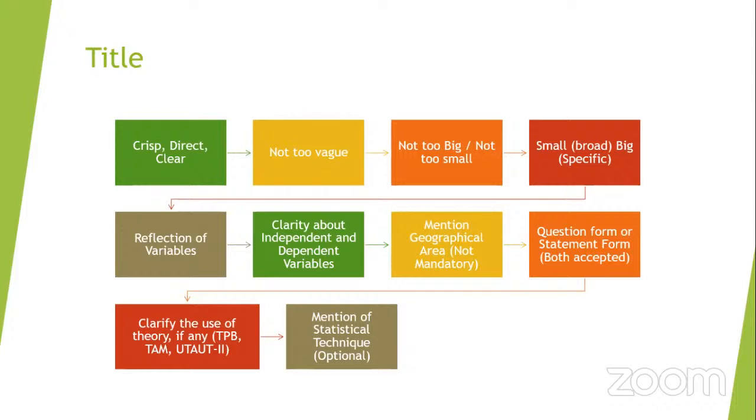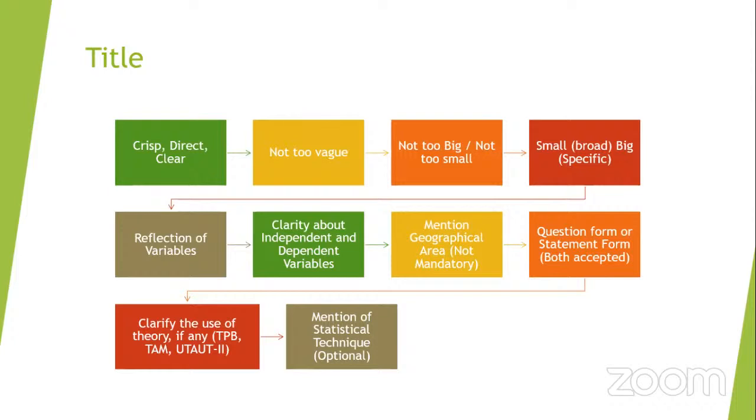The topic should not be even bigger than that. The standard is a topic of 30 words or 25 words maximum; 14 words is generally considered to be a good topic.